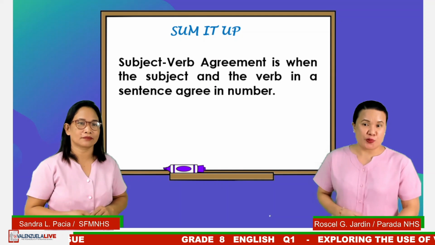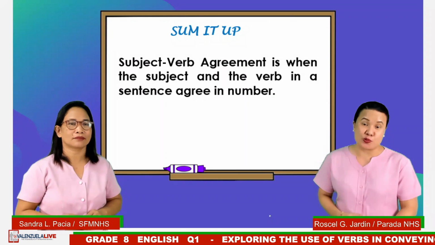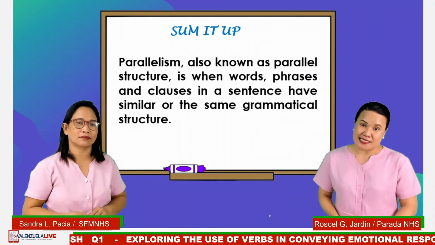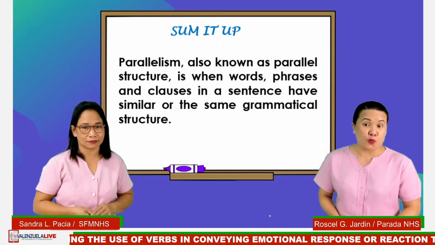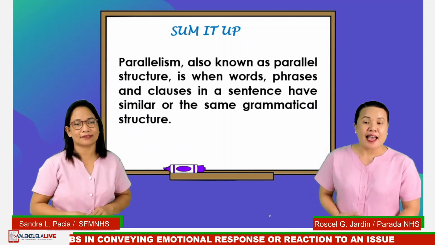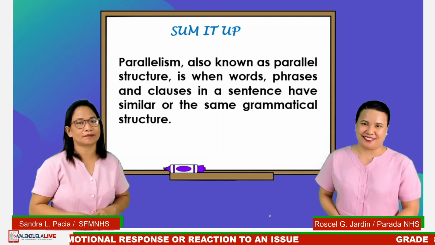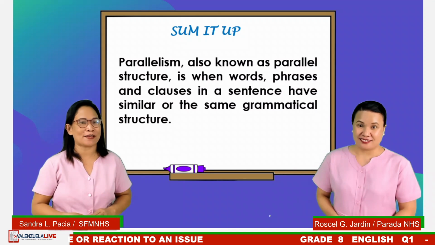Subject-verb agreement is when the subject and the verb in a sentence agree in number. Parallelism, also known as parallel structure, is when words, phrases, and clauses in a sentence have similar or the same grammatical structure. Let us check your understanding of parallelism.